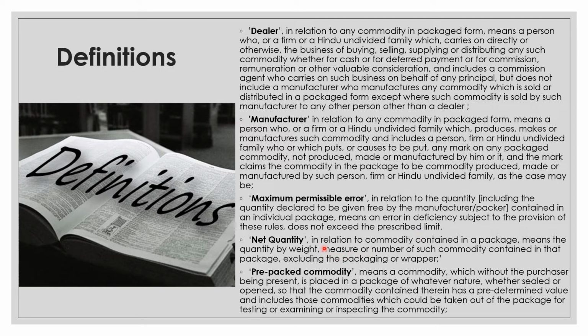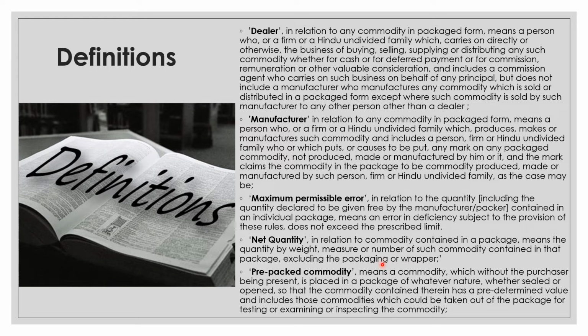Then net quantity in relation to commodity contained in a package means quantity by weight, measure or number of such commodity contained in that package excluding the packaging or wrapper.